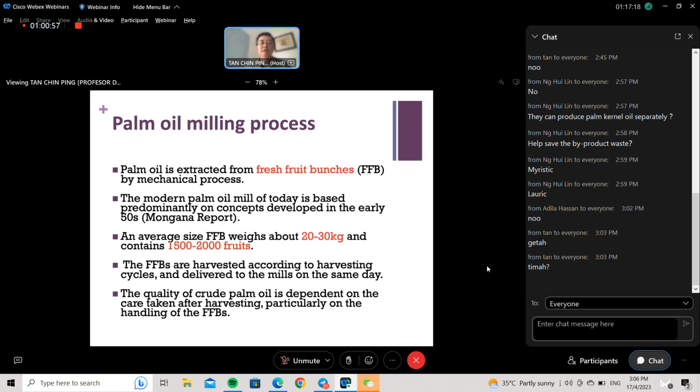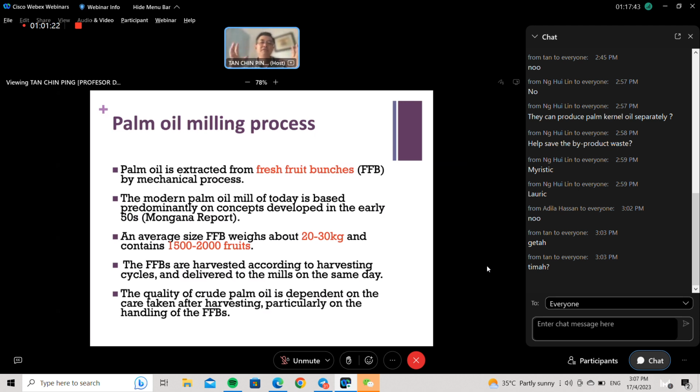So therefore it is quite labor intensive. But nowadays there are some automations running in some of the commercial plantations to remove the fruits by machine, put them in a truck, and deliver them to the mills within a short period of time.